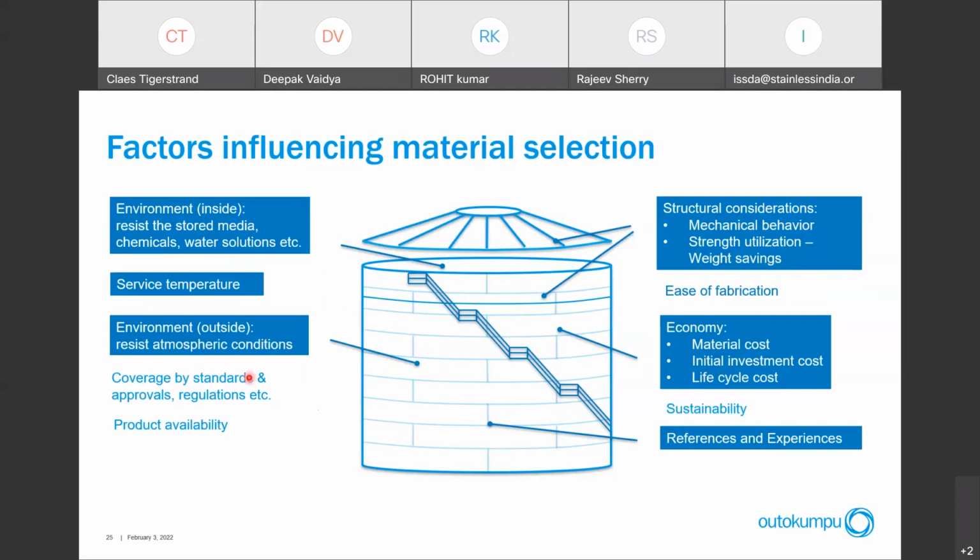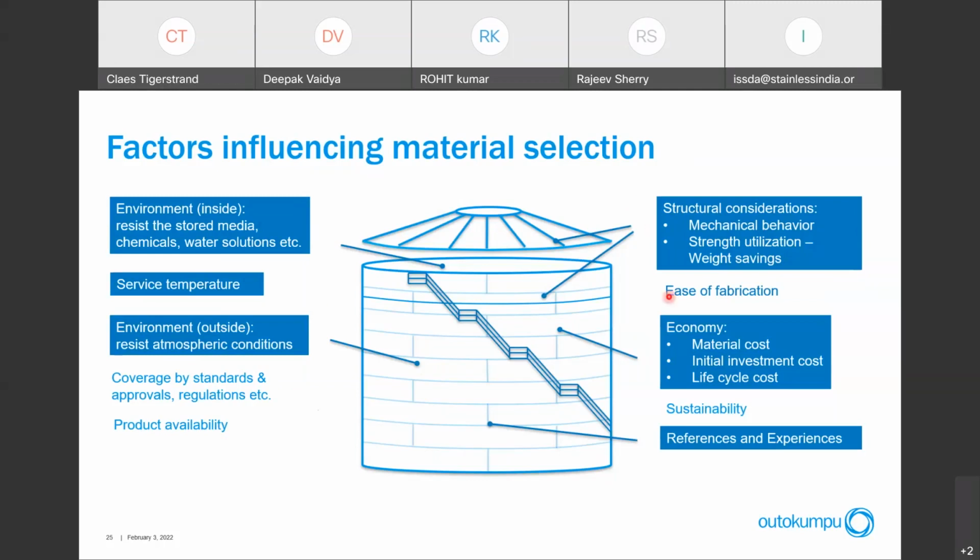We talked shortly about standards and approvals, important as well, and also product availability. Looking at very large tanks, the structural behavior is very important. Looking for higher mechanical strength, if we can utilize that, we can reduce the thickness and use less material.